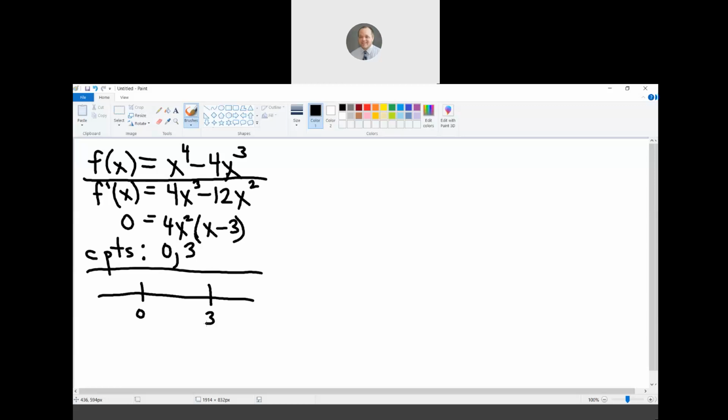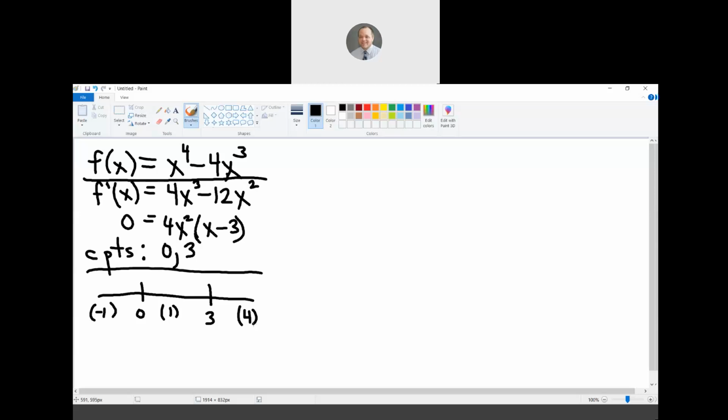Something less than 0, let's try -1. Something between 0 and 3, let's try 1. And finally, something greater than 3, let's try positive 4. And you can either plug these into your original first derivative or your factored first derivative.